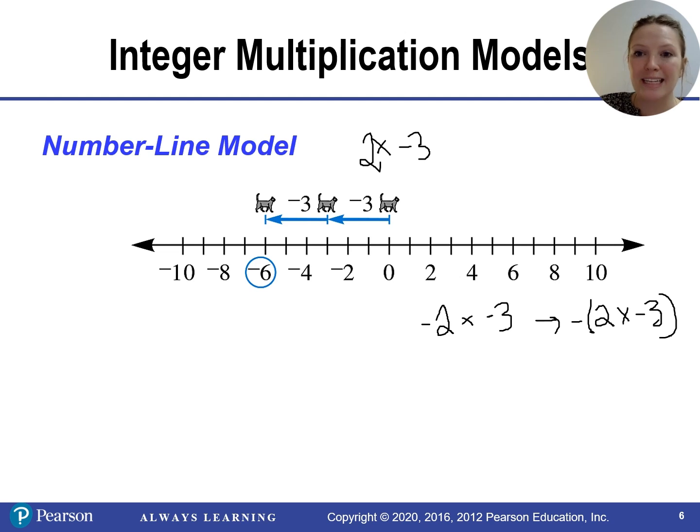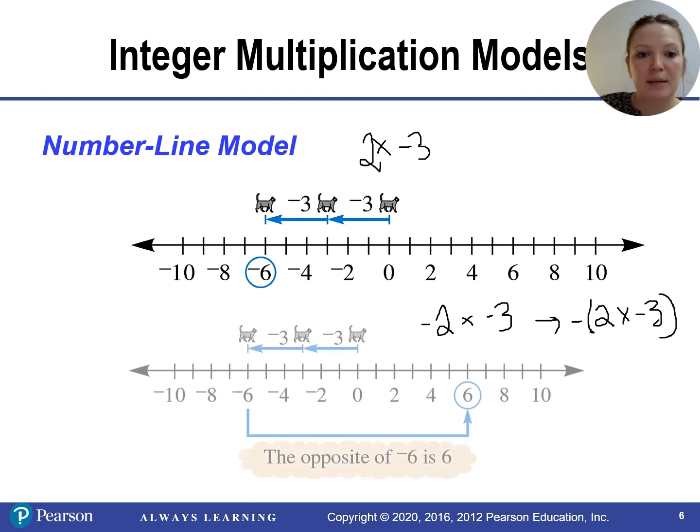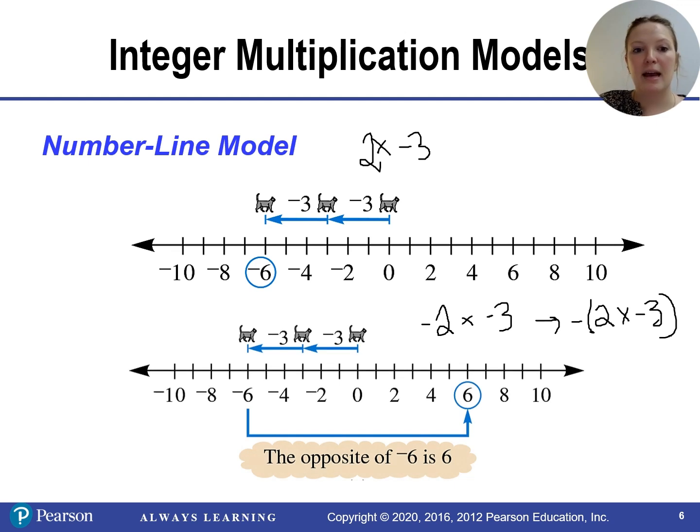So remember, negative tells us the opposite. So if we do 2 times -3 and we want to think about it as -2 times -3, then we think about this as the opposite of -2, or of 2 times -3. So we take -6, the opposite of 2 times -3, and that gives us -2 times -3.